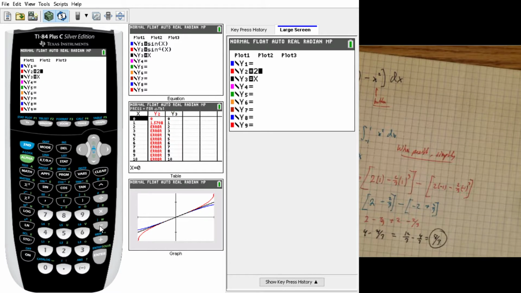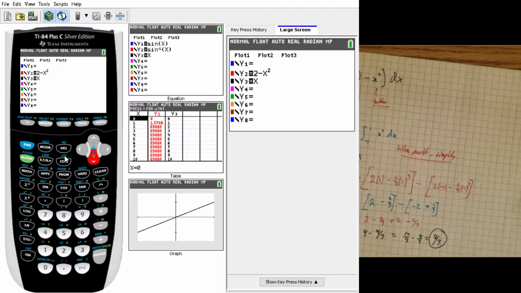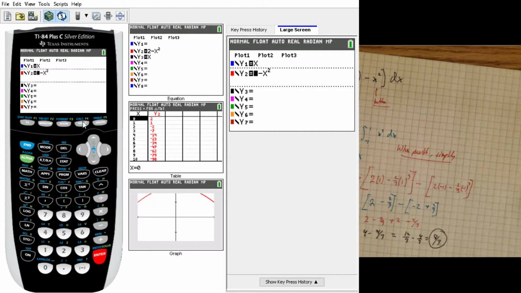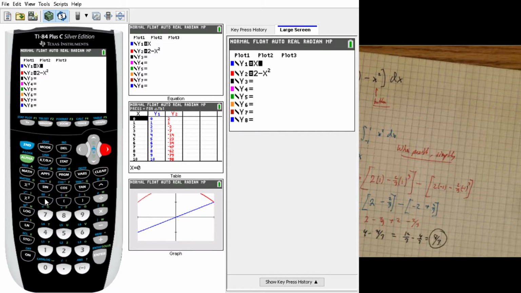So I have 2 minus x squared, and then I have x squared, so I can calculate, get my graph in here. Try to make sure to type it in correctly on the first try.